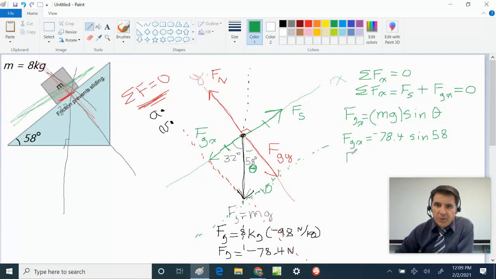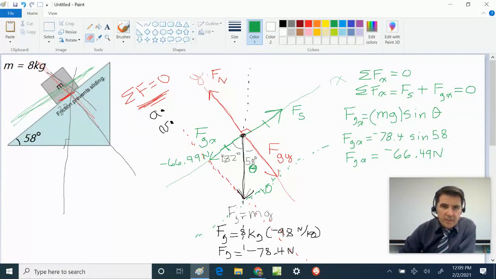And so I'm going to get FGX equal to a negative 66.49 newtons. If I draw it over here, FGX is a negative 66.49 newtons. For some reason my pen likes to do this. It turned it into a 9.